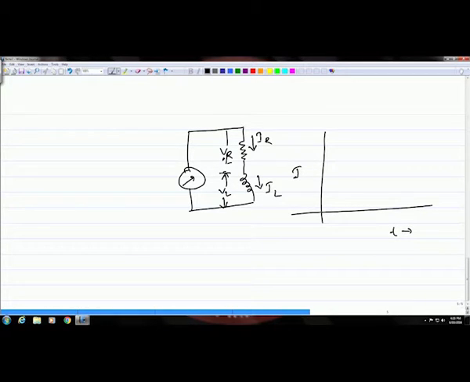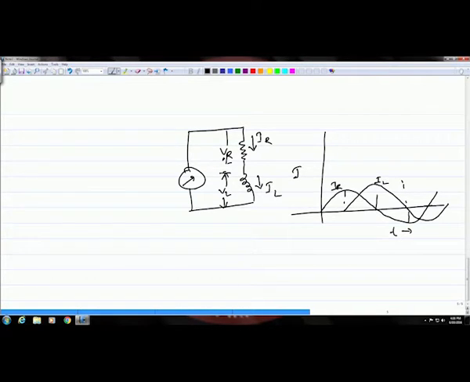Let us say this is the current through the resistor, IR, then IL will be this one.